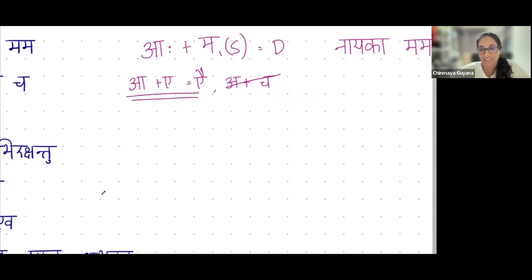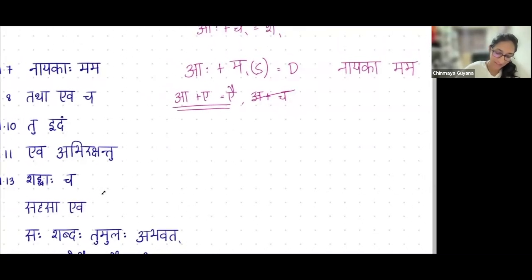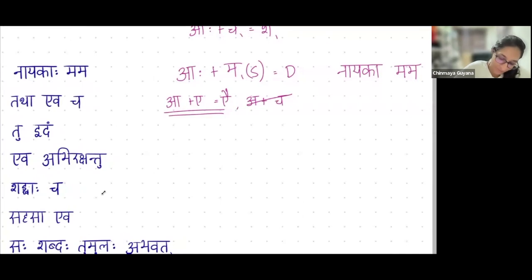That's not a sandhi. Okay? So the only thing here will be that a plus eva becomes tatheva. Tatheva cha. Make sure you get all the chas correct.